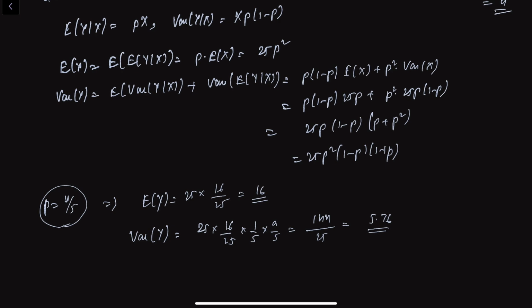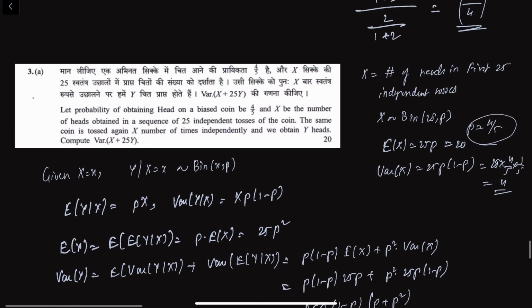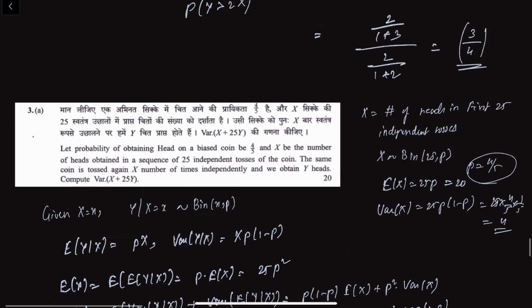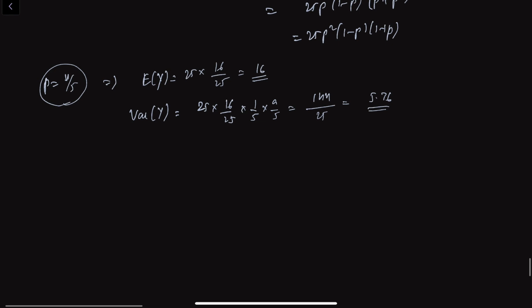Now we need to find the covariance, because ultimately we need to find the variance of X plus 25Y, and we can use the variance of linear combination formula to compute it. So to find the covariance of X comma Y, because Y is dependent on X only through this conditional mean, this is the covariance of X comma E[Y given X].